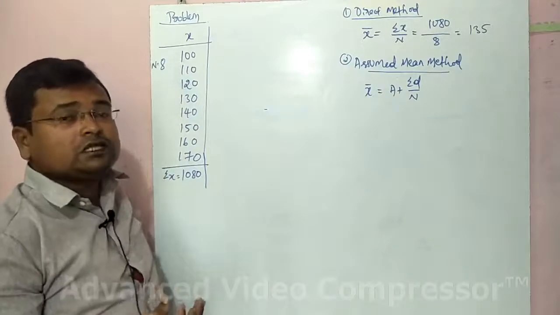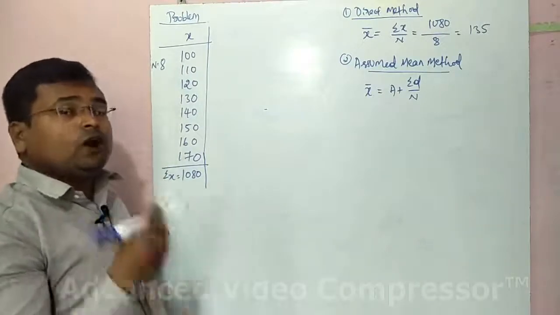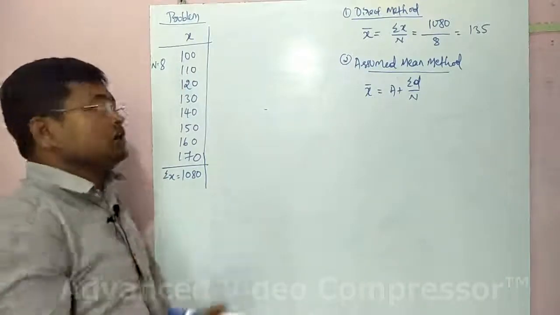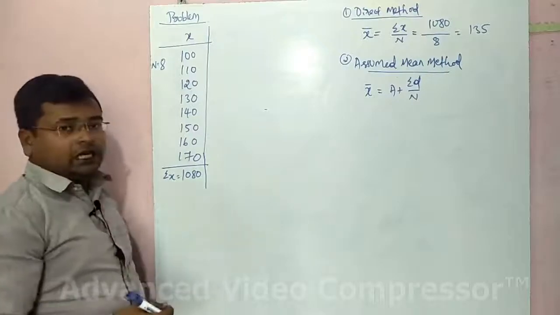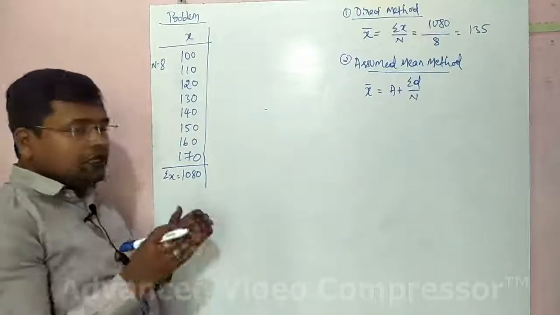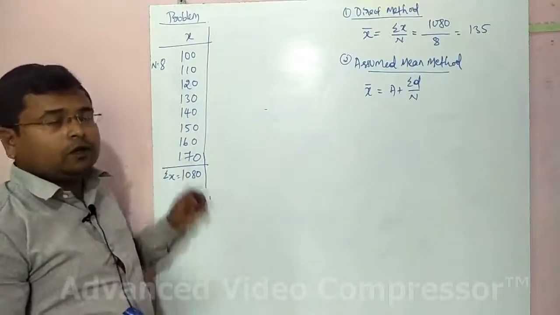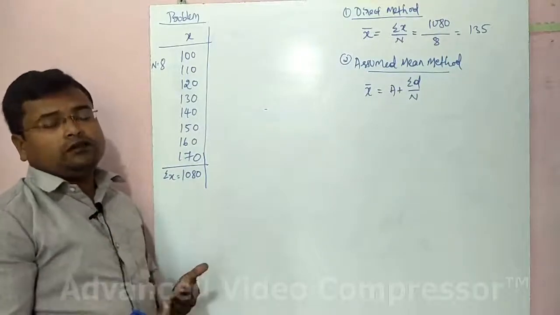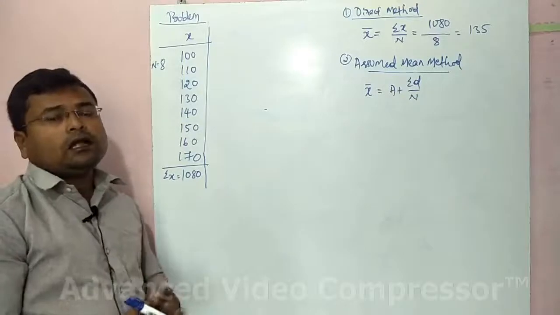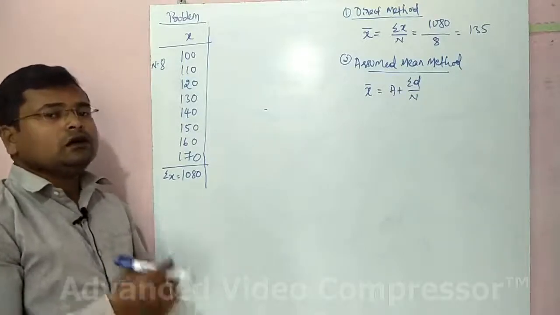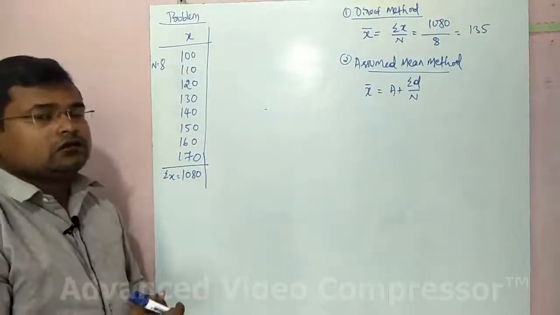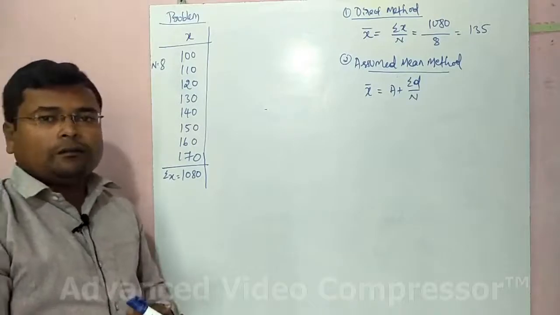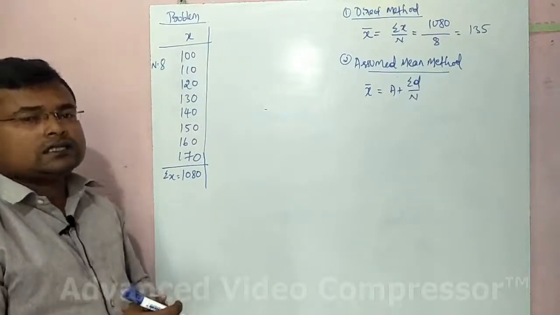We have to assume that one number as the assumed mean. It is better to take the middle number, because then the calculations become easy. If we take the first or last number, then the calculations become a little bit difficult.